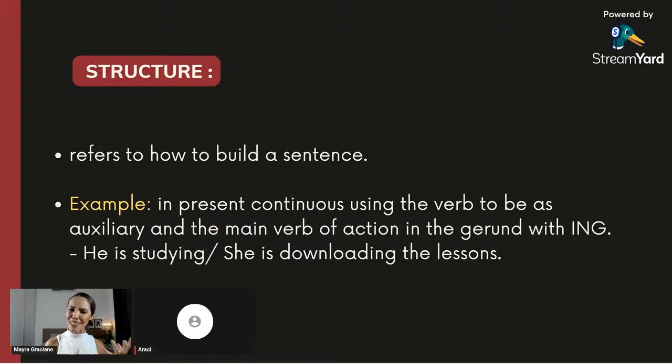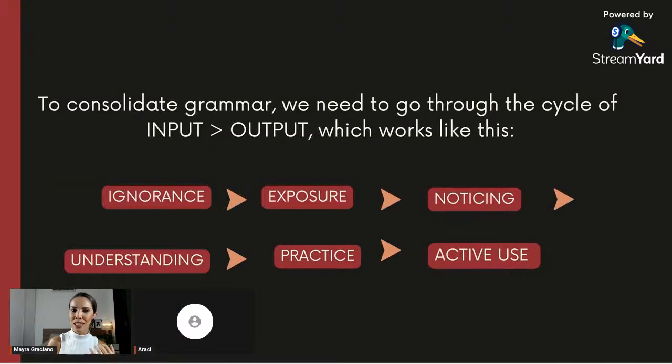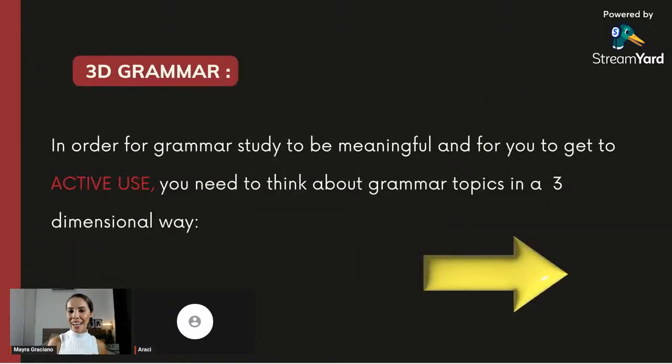Let's make it easier. Think about the example. Think about the sentence. He is studying. She is downloading the lessons. Okay? So you think about the structure, how you're going to use that grammar structure. You have to observe the structure. Okay? So you have to notice. All right? Remember the lesson before here, the slides before. You are exposed, you notice, then you start understanding, you practice, okay, to make it active.